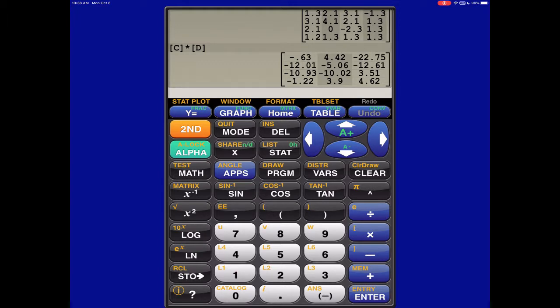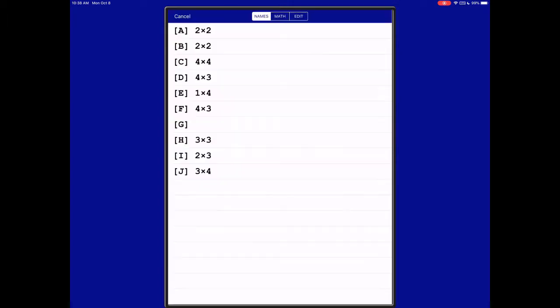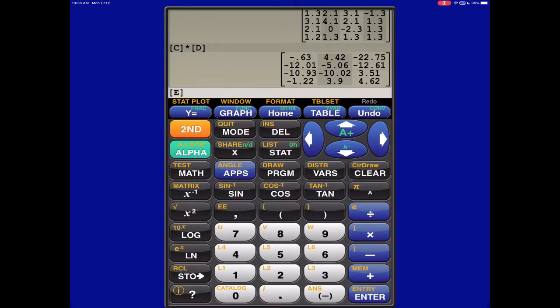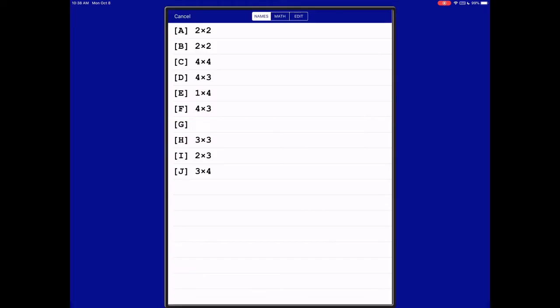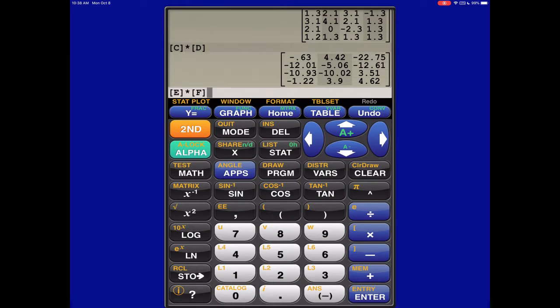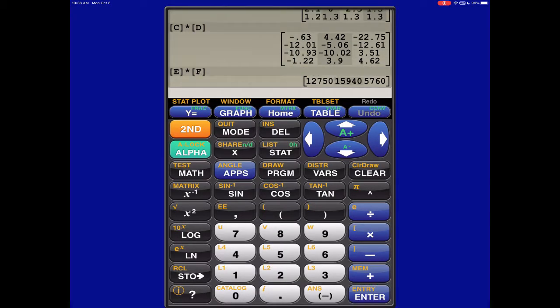So I need to rotate that to a 1 by 4, which is how I have entered second matrix E, a 1 by 4, and I need to multiply that by second matrix F, and what I get is my answer that I have there.